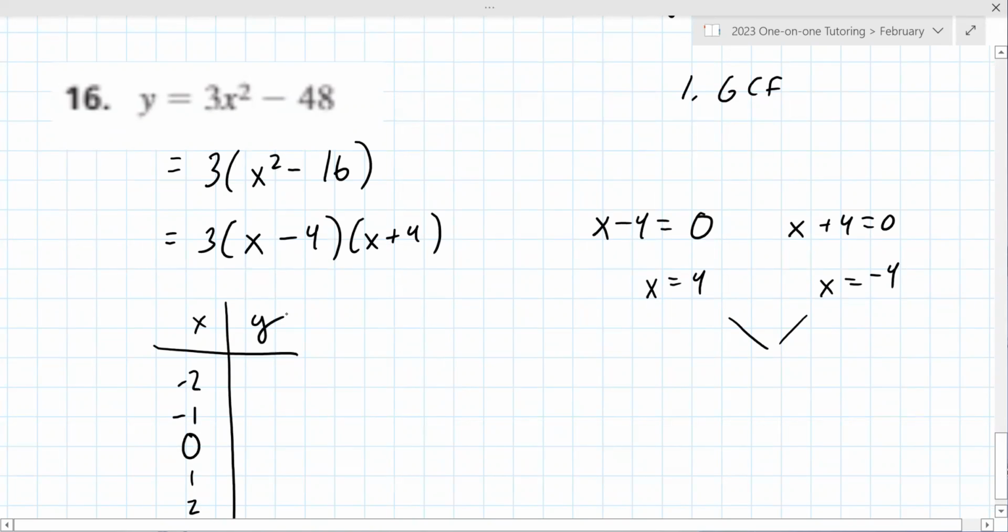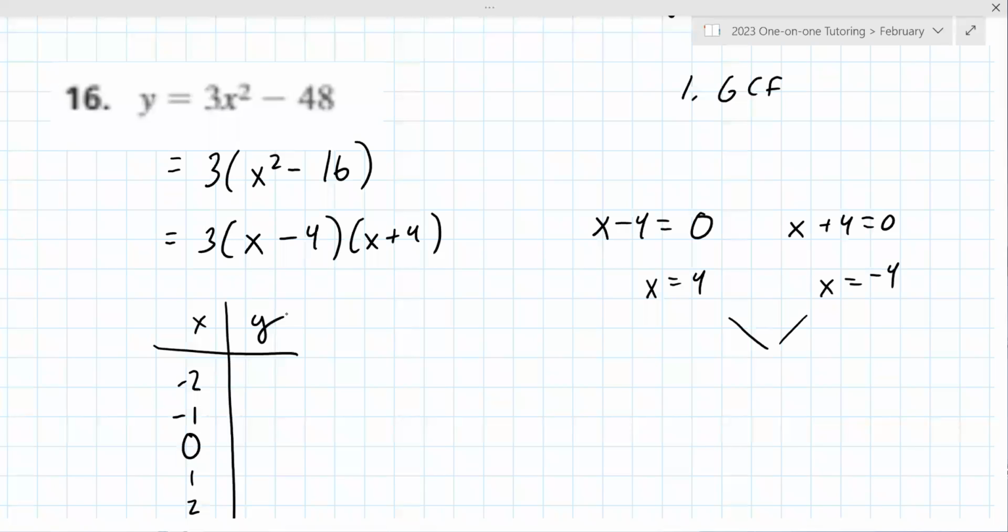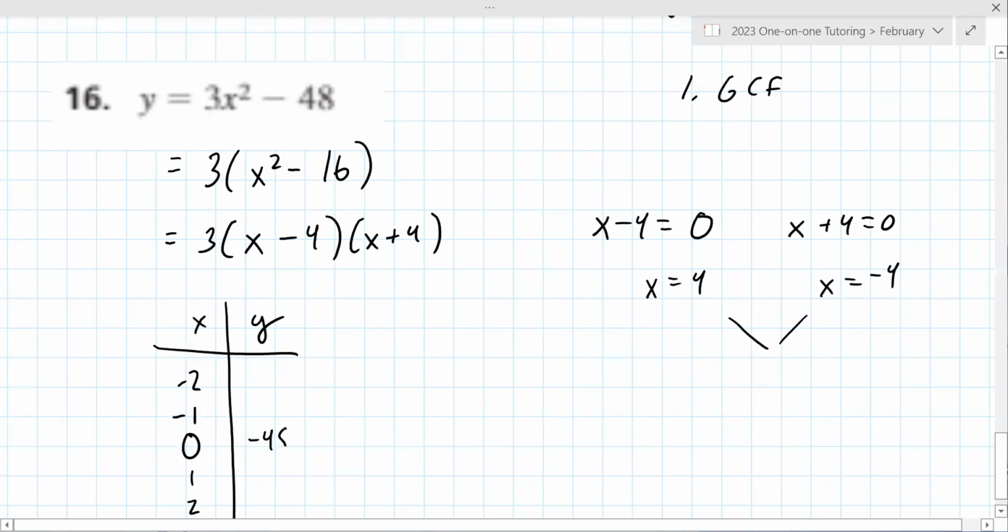So then if you plug 0 in, 0 minus 4 is negative 4, times positive 4 is negative 16, so negative 48. Yep. I'd do the positive ones, even if you've got a calculator, just still better, in my opinion. And then negative 3 times 5 is negative 15. Negative 45 for 1 and negative 1.